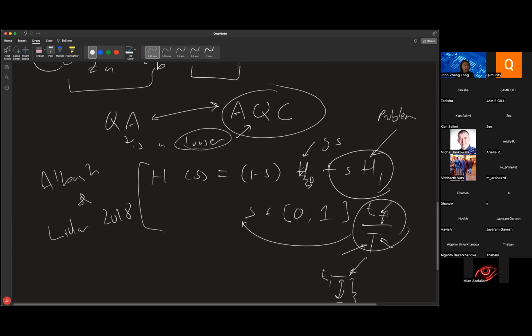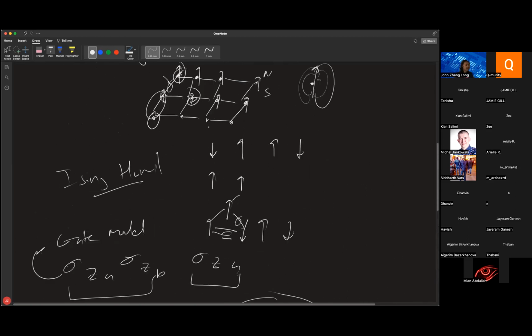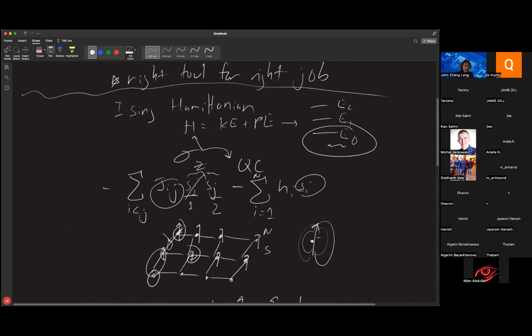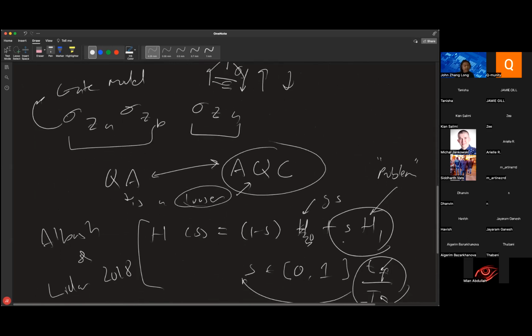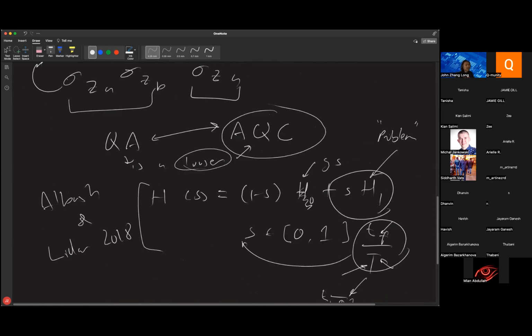But yeah, basically the idea with adiabatic quantum computation is, look, H1 is the problem Hamiltonian. That's where we encode our problem. And in this case, it can be this Ising Hamiltonian. So we can take the Ising Hamiltonian in its quantum form as the problem Hamiltonian, remembering that the way you configure the interactions between spins can represent a certain problem, which I'll show how to do soon enough. But then you also have a ground state Hamiltonian.